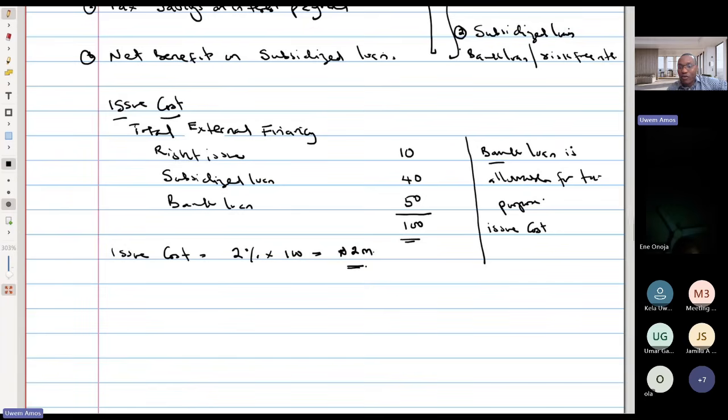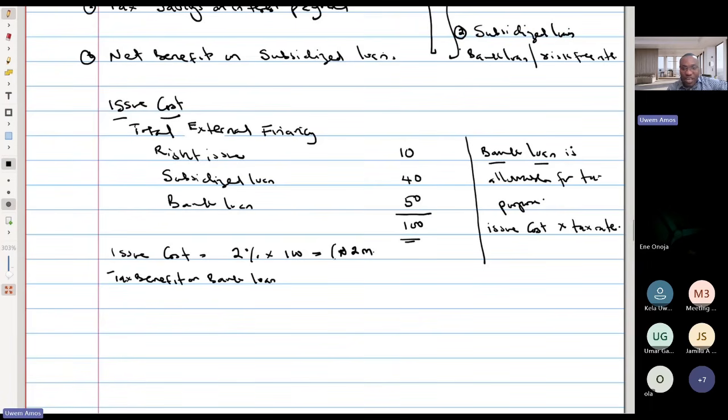So if it's a bank loan, the issue cost for the bank loan multiplied by the tax rate. If the question had told us that the bank loan alone is allowed for tax purposes, we would bring in that benefit after we've calculated the issue cost. So we then bring in the tax benefit on the bank loan.